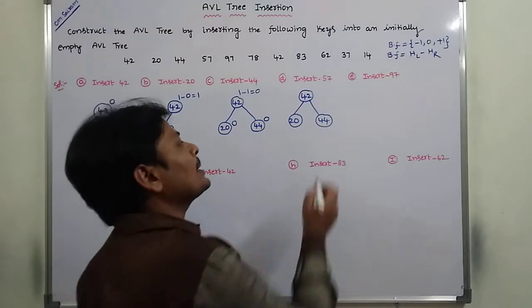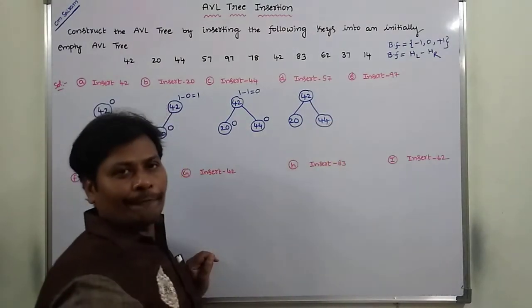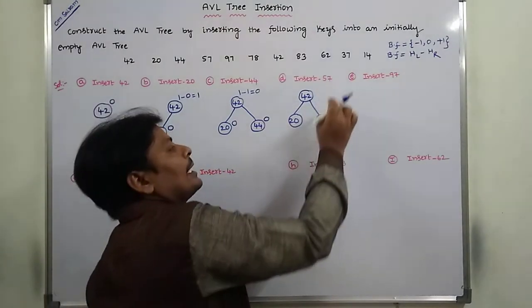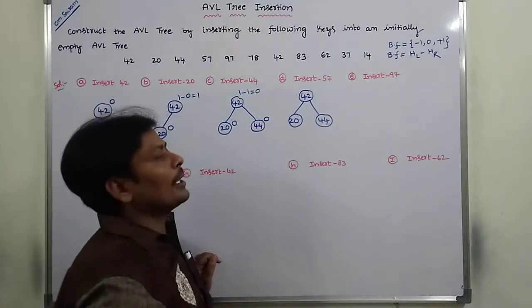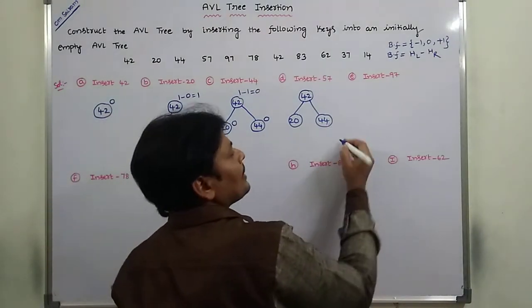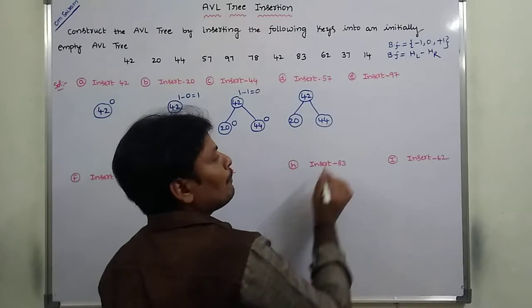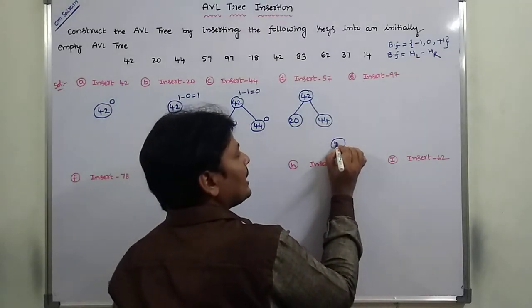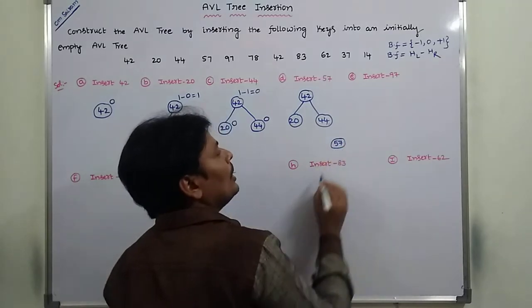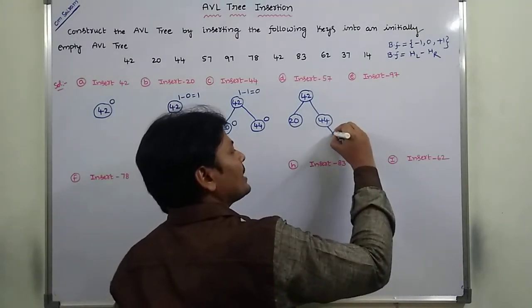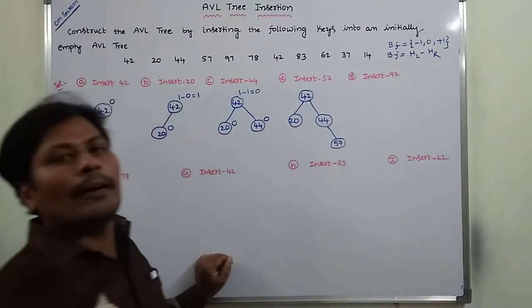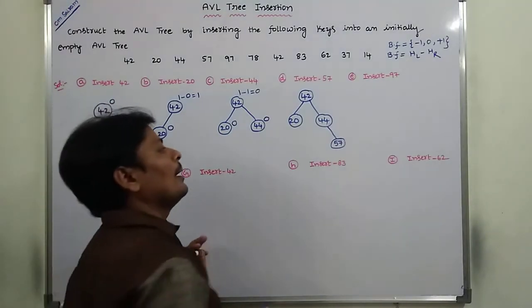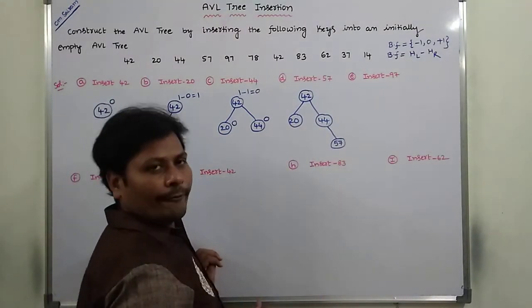In the right subtree, here node 44 is there. 57 is compared with 44. It is greater. Go to the right subtree. Here the right subtree is empty. Now we have to create a node and insert this value into that node. So 57 is the right child of 44, because 57 is greater than 44.